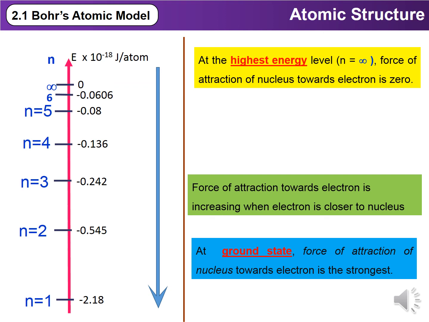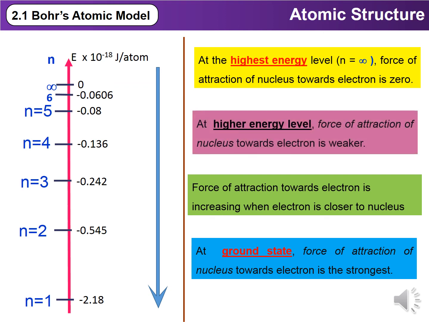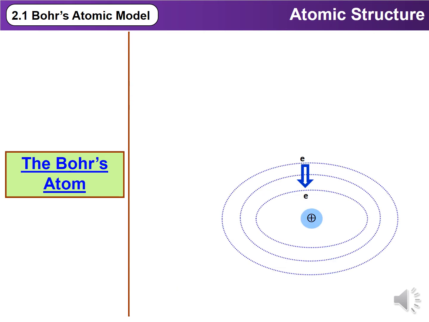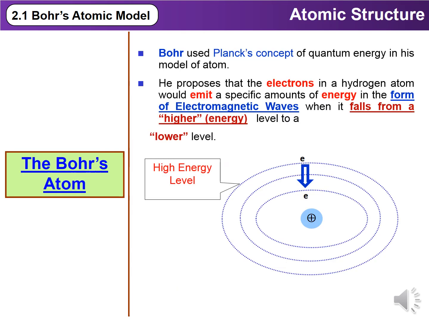So when they go further and further, the energy becomes less and less, and finally they are free. When they are free and n is infinity, the electron leaves the atom for good. These are the explanations.